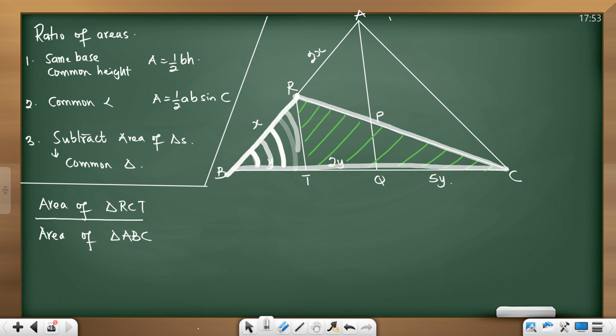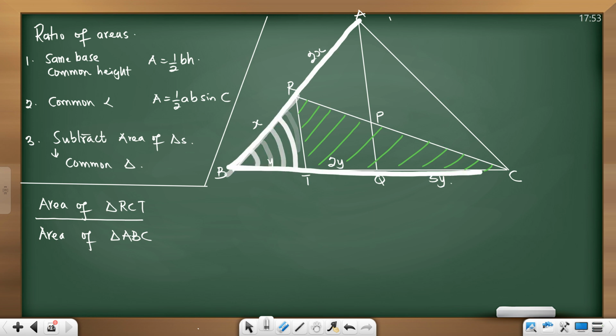Wait, do you notice there's something here? I'm using angle B, right? Wait, angle B is also in what? ABC. So there's kind of a common angle here. I'll repeat again.